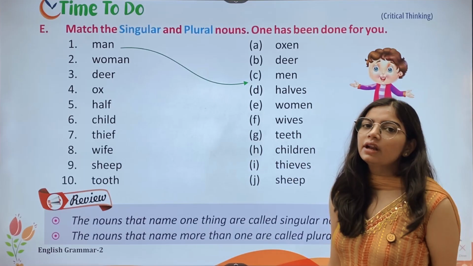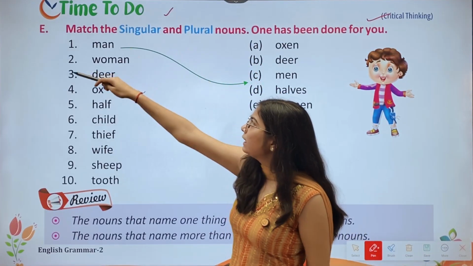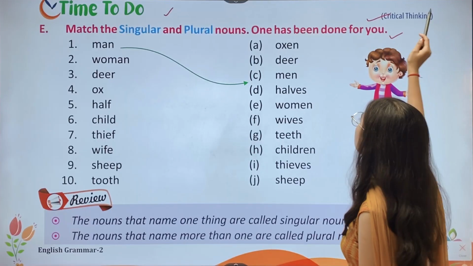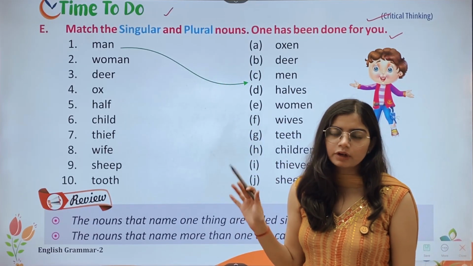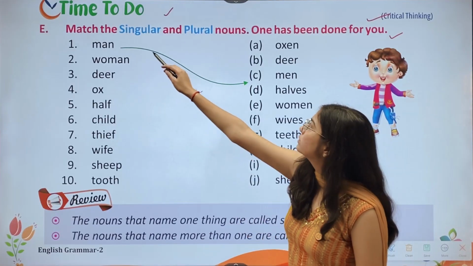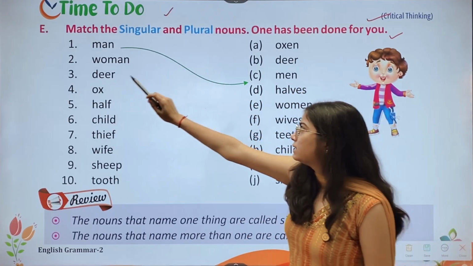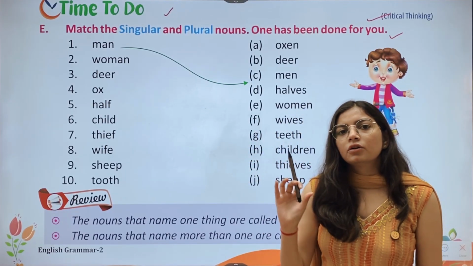Okay. Now we have critical thinking, time to do. E, match the singular and plural nouns. One has been done for you. So here we have to match singular and plural nouns. One is already given. First, man matches with C, men. Second, woman. The plural of woman is women.